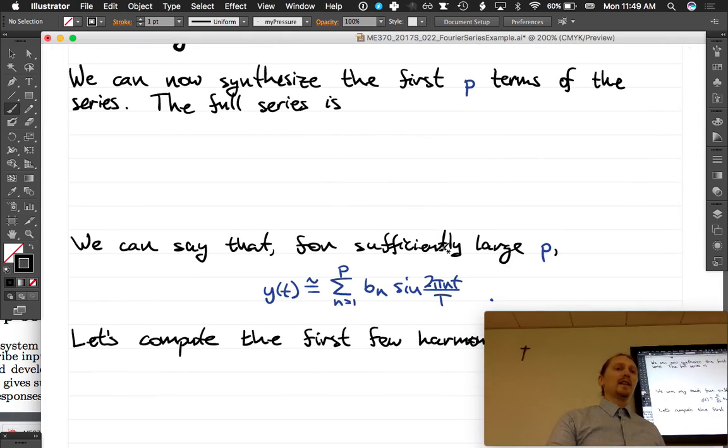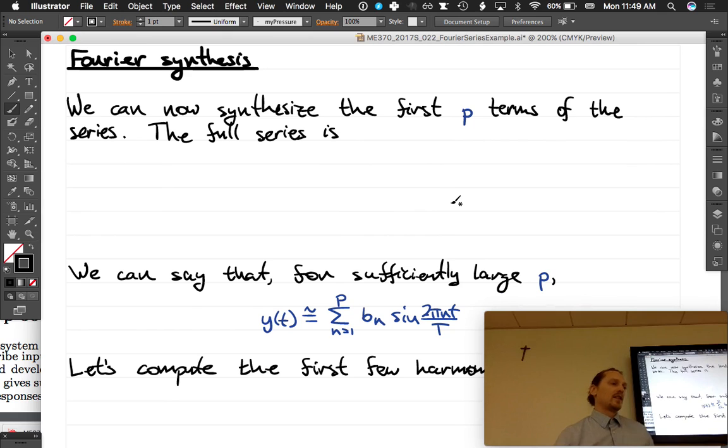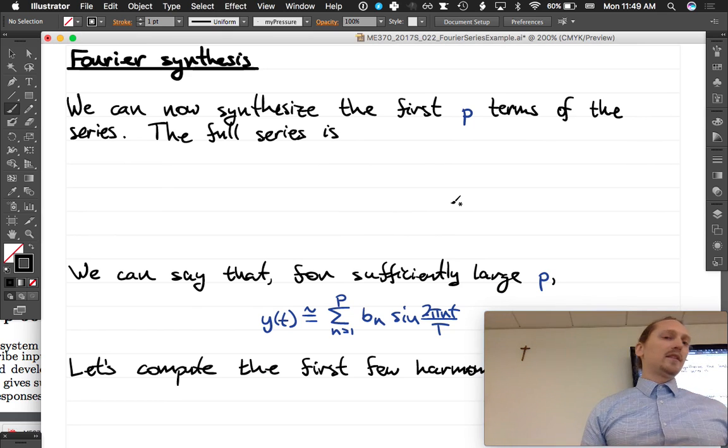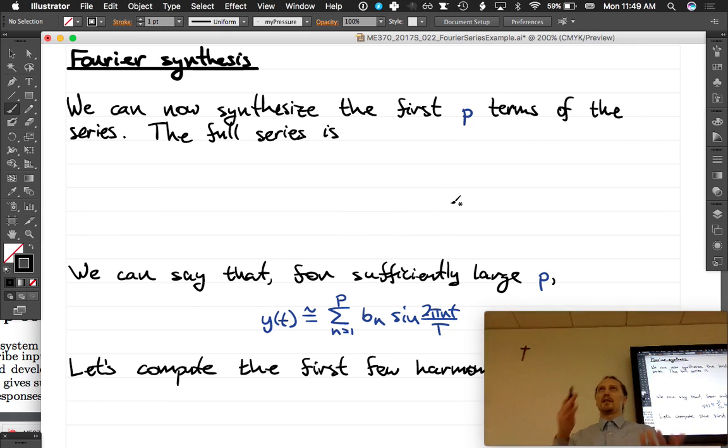So Fourier synthesis goes as follows. We did the analysis, which is the part where we wrote it as components, a_n's and b_n's, etc. So we can synthesize the first p terms of the series.